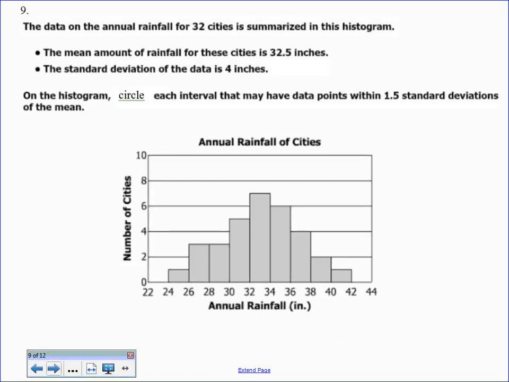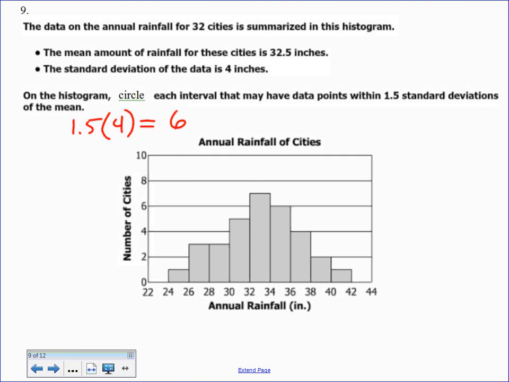The data on annual rainfall for 32 cities is summarized in this histogram. The mean amount of rainfall in these cities is 32.5 inches. The standard deviation is 4 inches. On the histogram, circle each interval that may have a data point within 1.5 standard deviations of the mean. So 1.5 standard deviations of the mean is going to be 1.5 times 4, or 6.